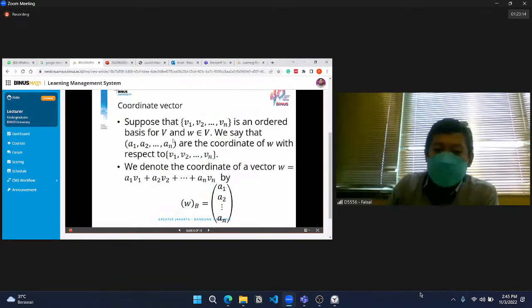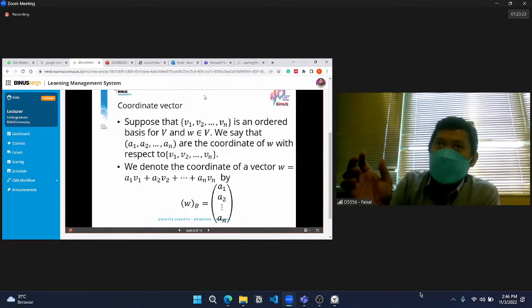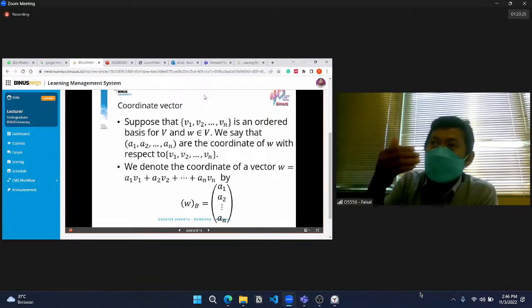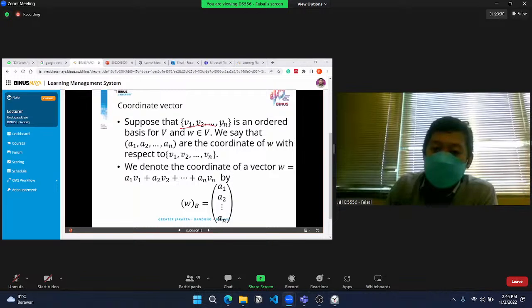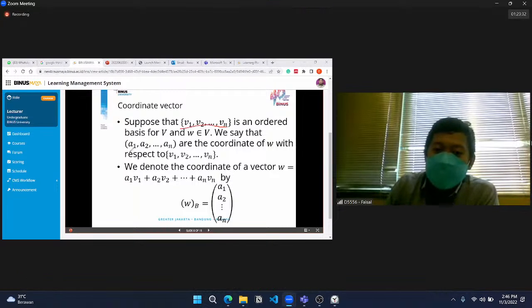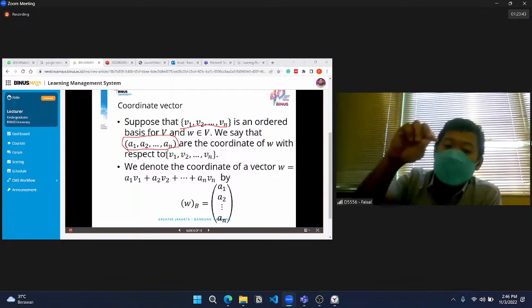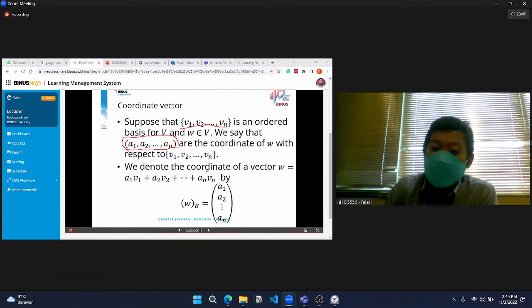So from an ordered basis, the sequence of the scalars also has a unique order. So if we have an ordered basis, the unique sequence of scalars is the coordinates. The coordinate comes from the scalars in the linear combination.